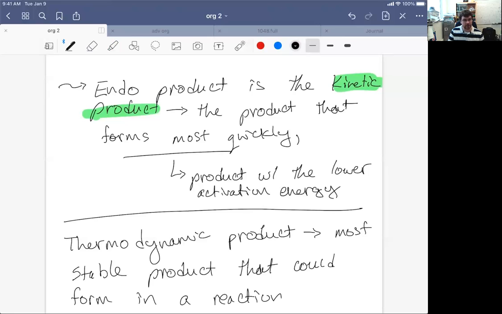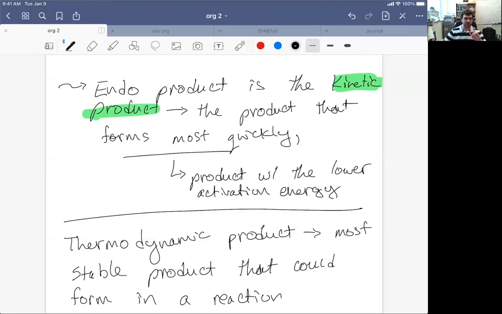Most of the time, the thing that's most stable is the one that's most quickly formed. That is to say, and I can't emphasize this enough, most of the time in a chemical reaction, A goes to B, that product is going to be the kinetic product, the one that's most quickly formed, and the thermodynamic product, the product that's most stable.